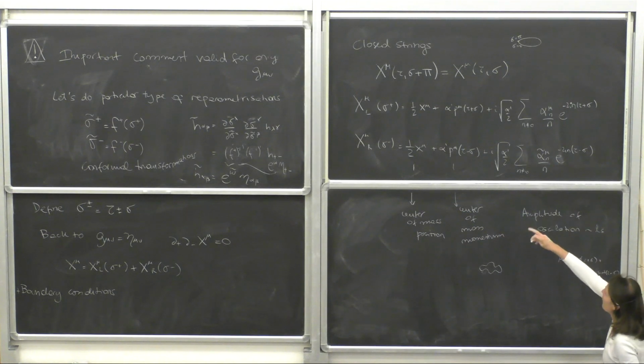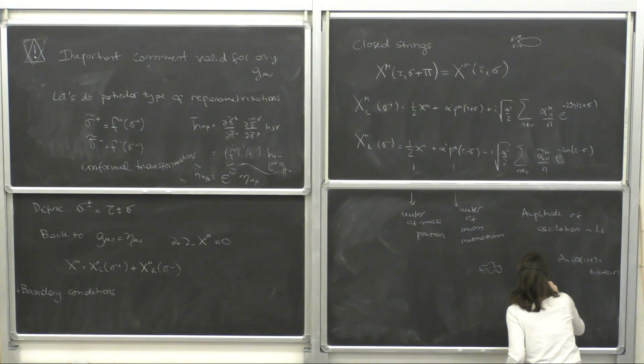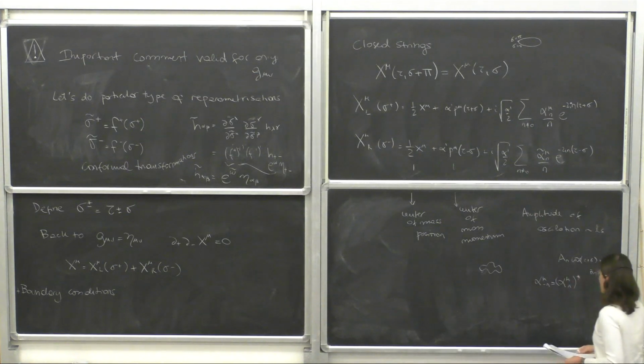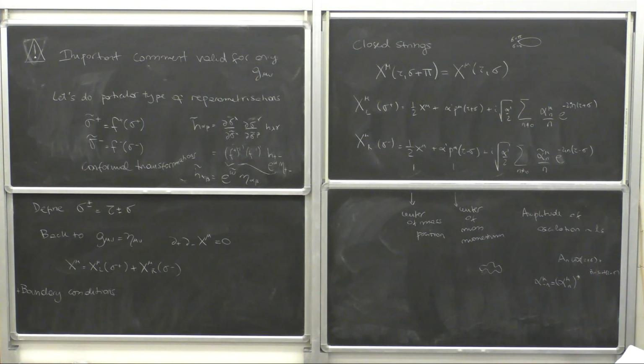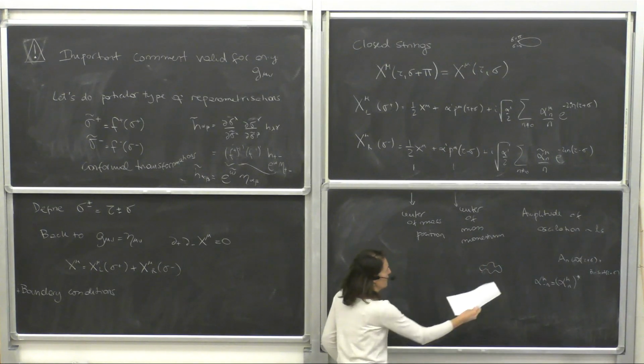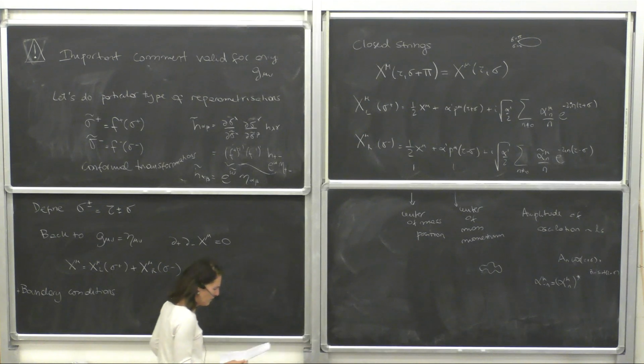And then also, if I want x mu to be real, then alpha mu minus n should be alpha mu n complex conjugate. Because I didn't put cosines and sines, it's simpler to do the exponentials with an i. Then I need to have this relation.